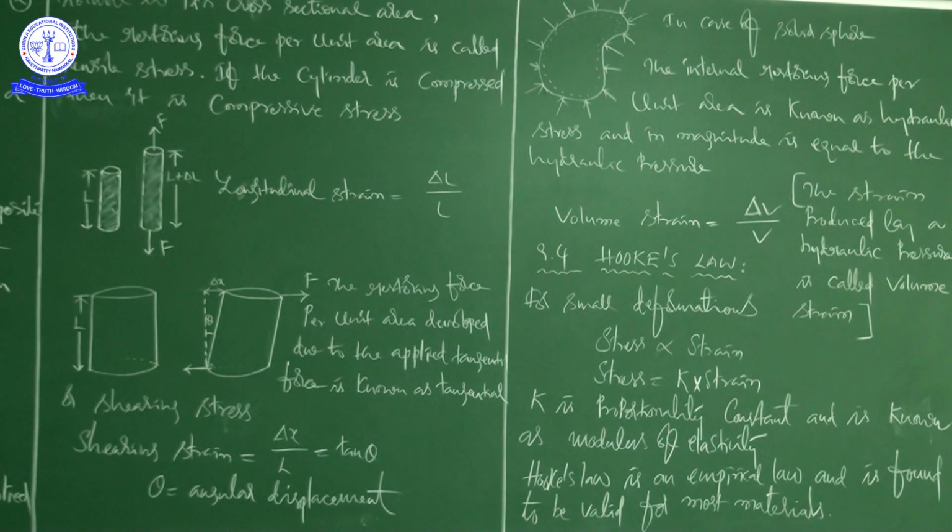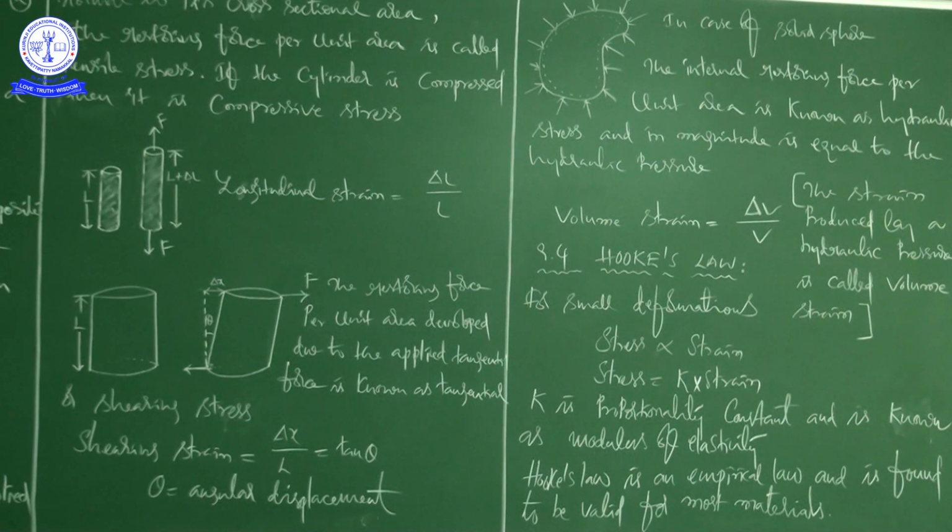In this class we discussed stress, strain and Hooke's law. In stress and strain, we discussed the restoring force and different shapes of a body: the cylinder, the one with a larger area of cross section, and the solid sphere.